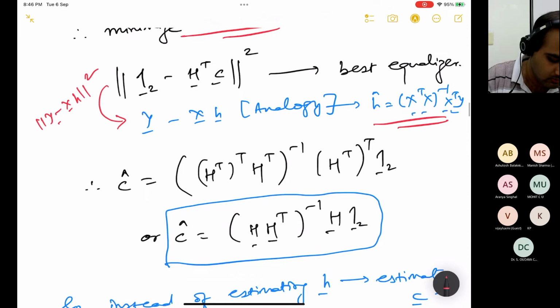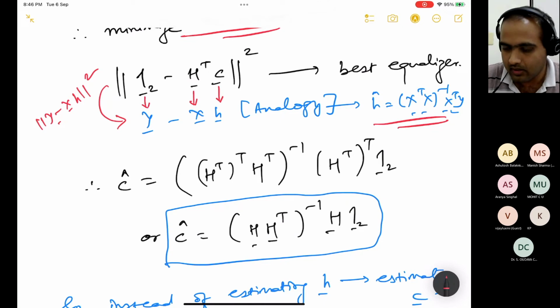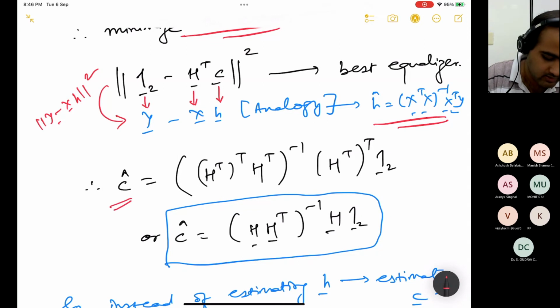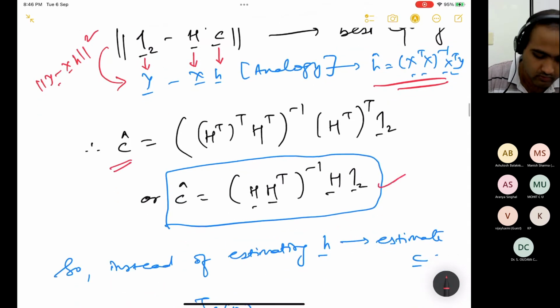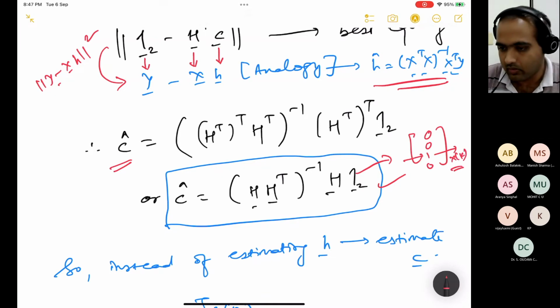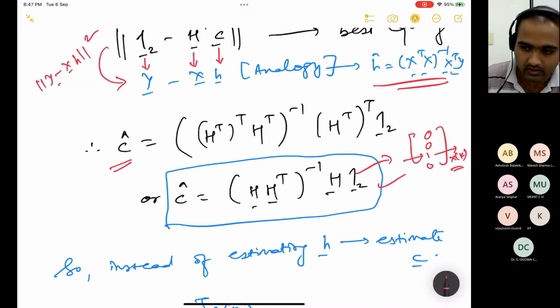If we use the same analogy where my y is basically vector 1, x is my h transpose and h is my c, then minimizing this gives c hat, which after solving comes out to be h transpose inverse h into one vector, where my one vector is 0, 0, 1, 0, because we want to find out xk.